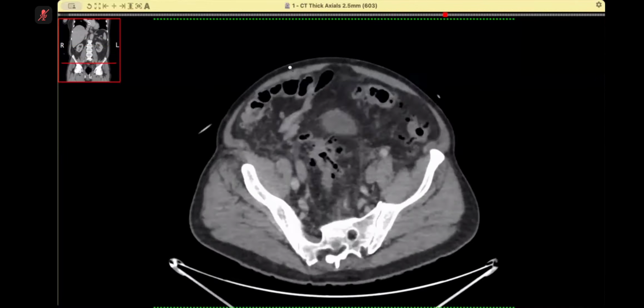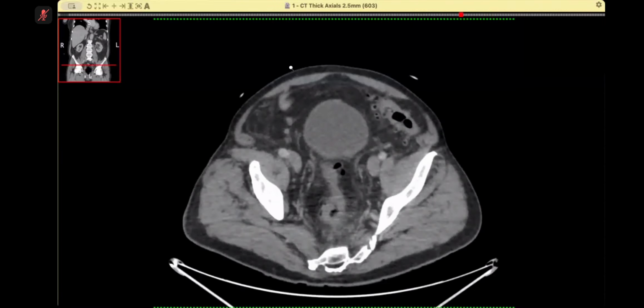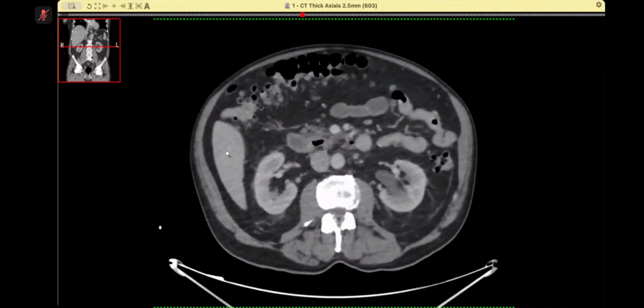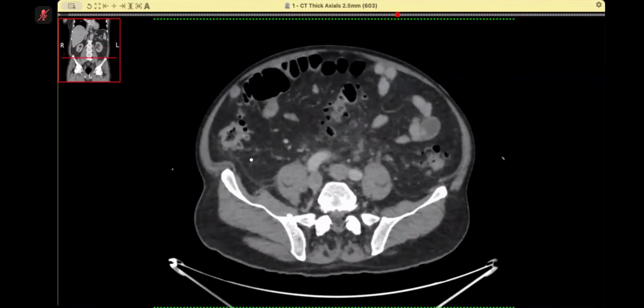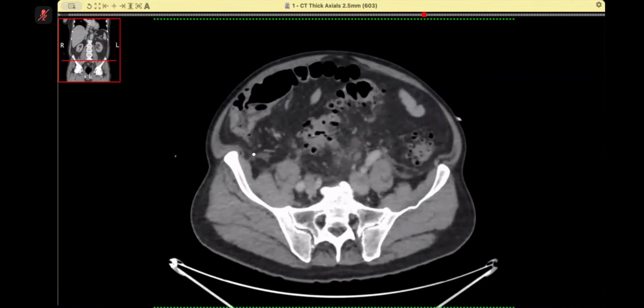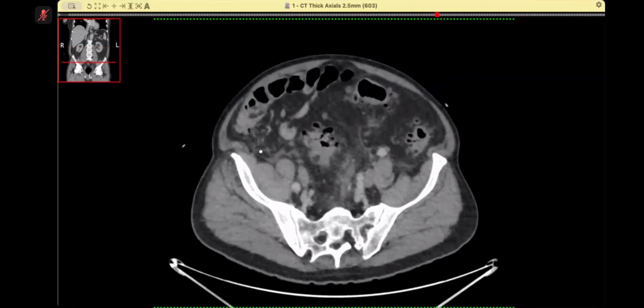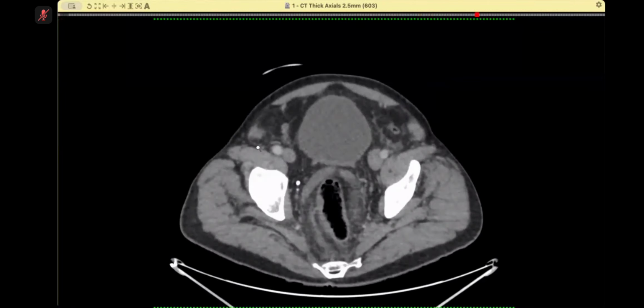Now the key thing is that if you see here, look at the diverticula. So even if I go here, can you see my screen or you cannot? Yes, sir, I can see it. Okay, I'm scrolling through it and you can see the scrolling screen, correct? Yes, sir.